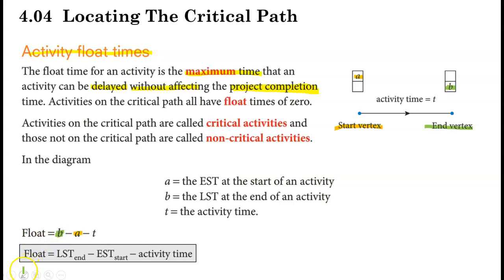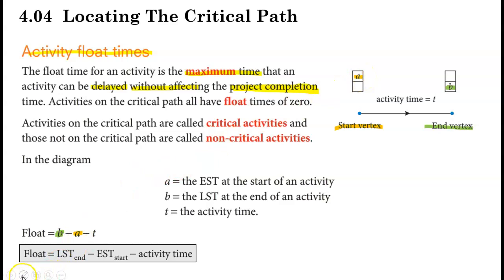Okay, how do I find the float? I will use the ending activity LST value minus the T for the activity time, and then minus the start of the activity EST value here.